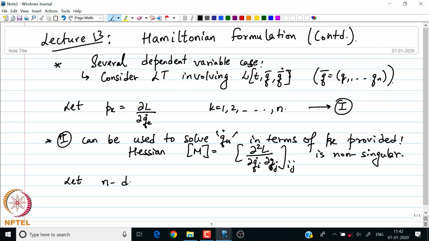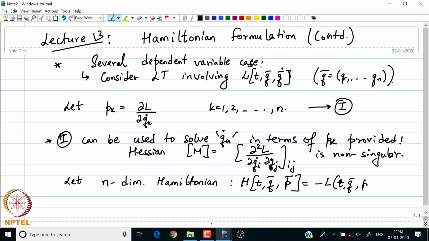Let the n dimensional Hamiltonian be defined by h of t comma q bar comma p, as described towards the end of our previous lecture, as minus L of t comma q bar comma q bar dot, plus the summation of qk dot pk, k from 1 to n.